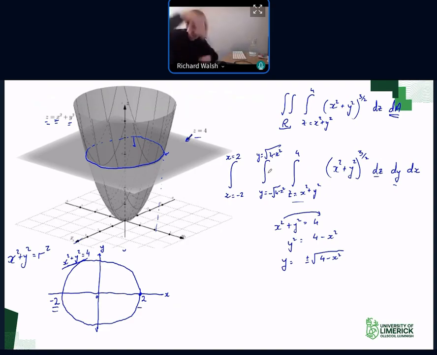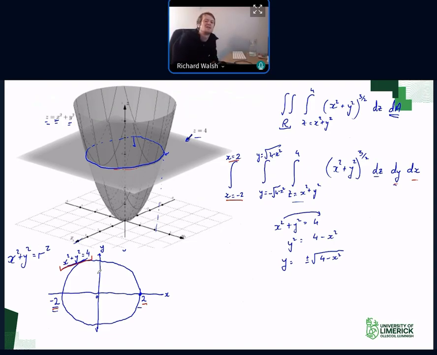Imagine just looking down where it intersects with z equals 4, you'll get a circle where the x values go between 2 and -2. I said dy dx, so x will be the outer one between -2 and 2, and the y will be given by this here.